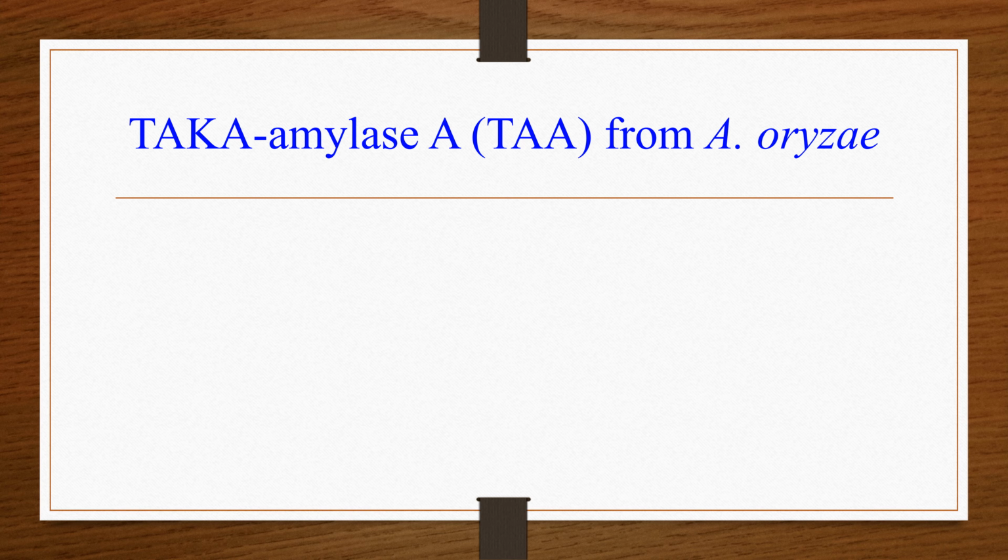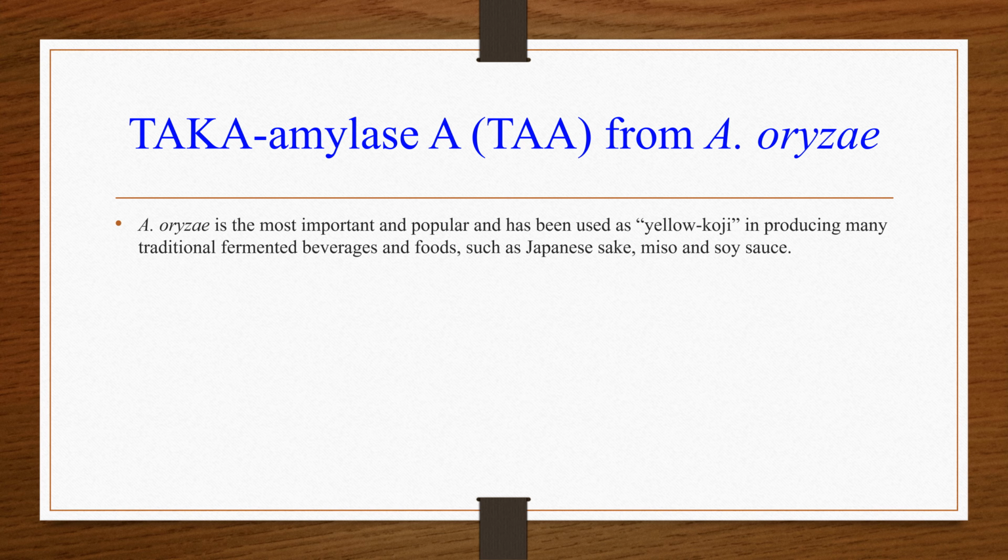Among all the fungal sources of alpha-amylase, Aspergillus oryzae is the most important and popular species and has been used as yellow koji in producing many traditional fermented beverages and foods such as Japanese sake, miso, and soya sauce.